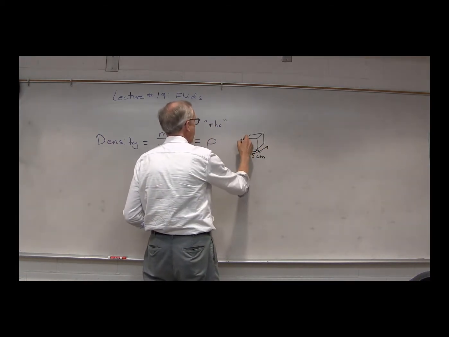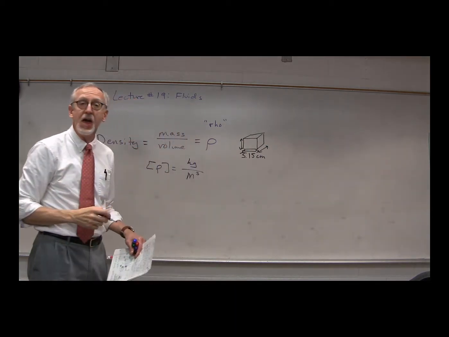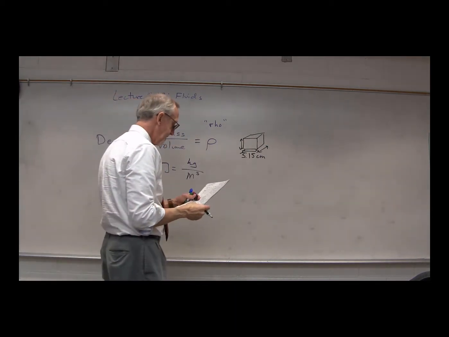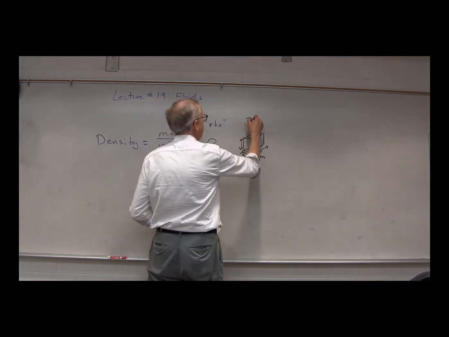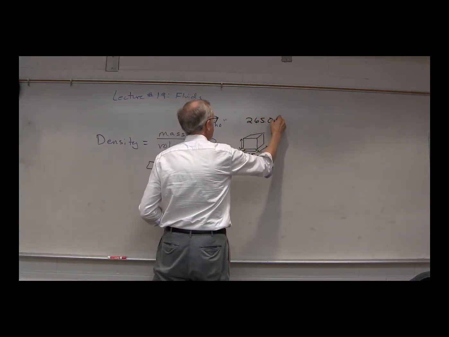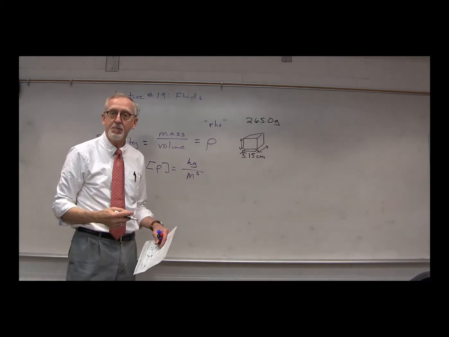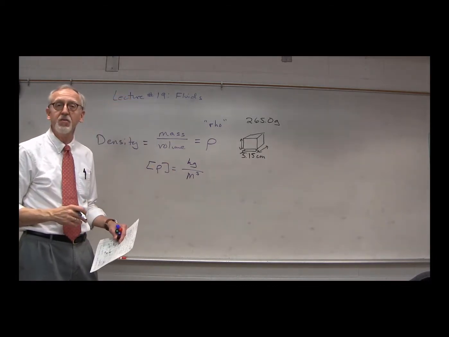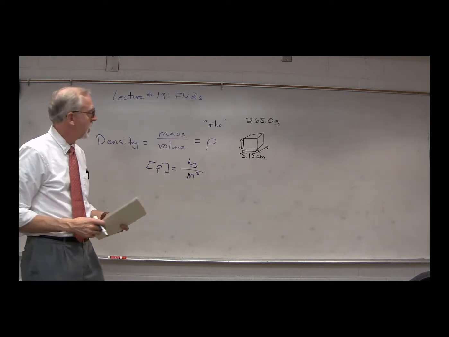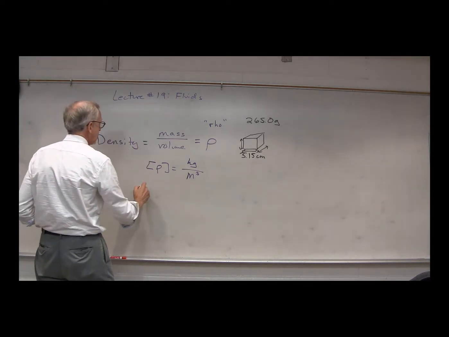Length, width, and height. And I measured the mass, and the mass turned out to be 265.0 grams. Let's figure out what's the density of this thing, and let's put the density in terms of standard SI units.